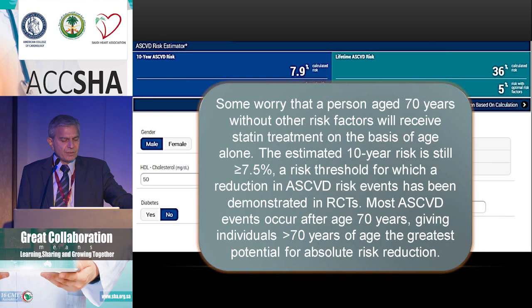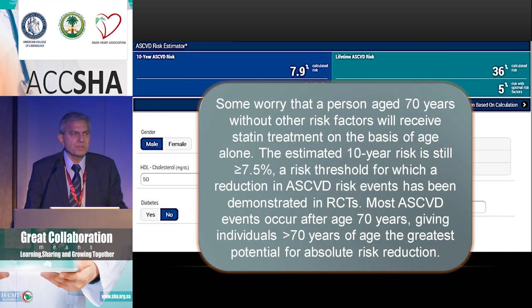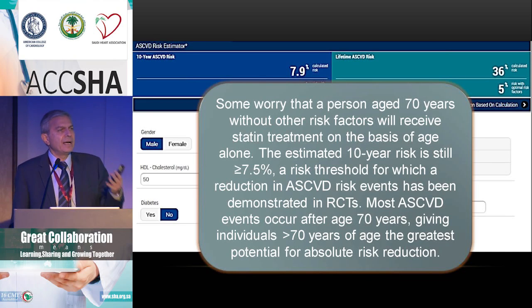Most atherosclerotic cardiovascular disease events occur after age 70, giving individuals more than 70 years of age the greatest potential for absolute risk reduction. In other words, what we're trying to say is we're all going to die of something. And when we're all over 70, the most common cause is going to be atherosclerotic cardiovascular disease events.